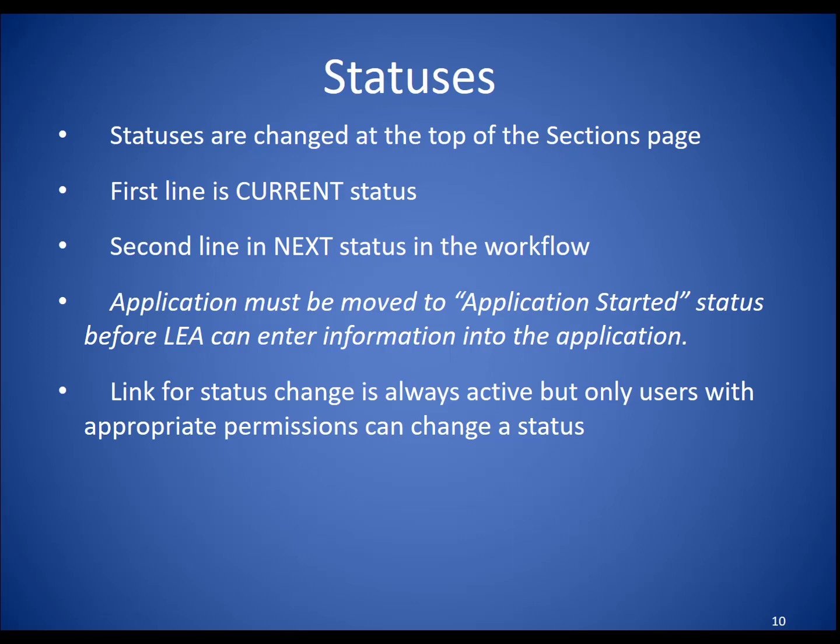Applications must be moved to application started status before the LEA can enter information into the application. The link for a status change is always active, but only users with appropriate permissions can change a status, and the status can only be changed if all of the error messages in an active application are resolved.